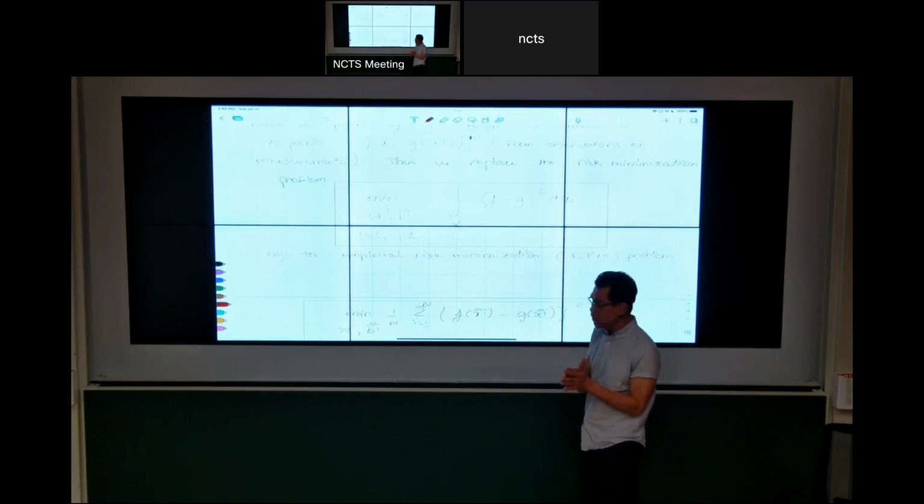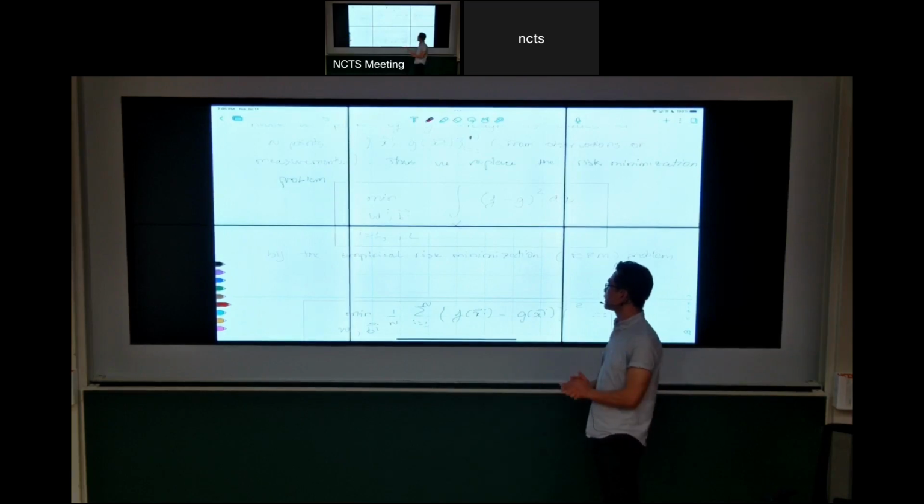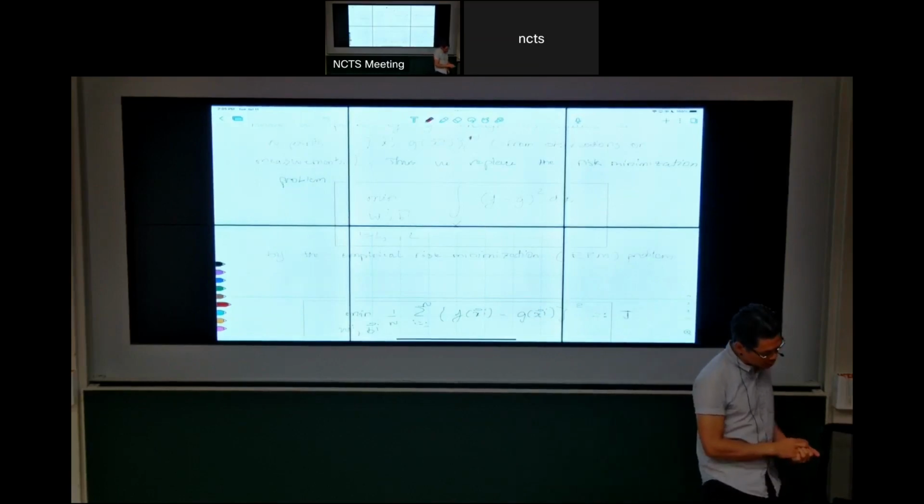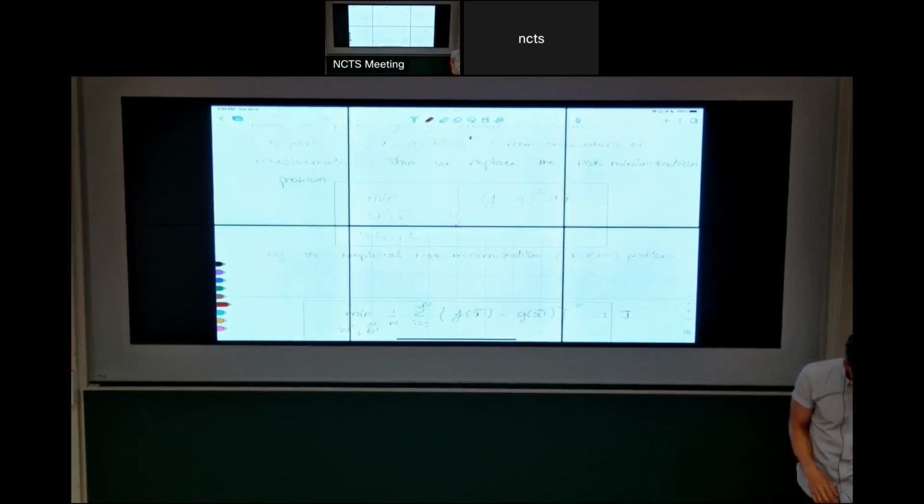We want to look for the function that is best in this sense, that is, minimize some distance between the unknown and the best. Okay, but unfortunately, there are many things that we don't know about this loss function, and that does not allow us to actually do the computations.